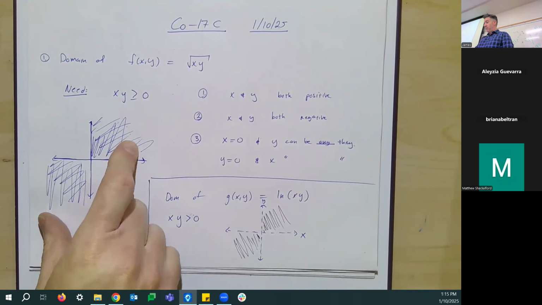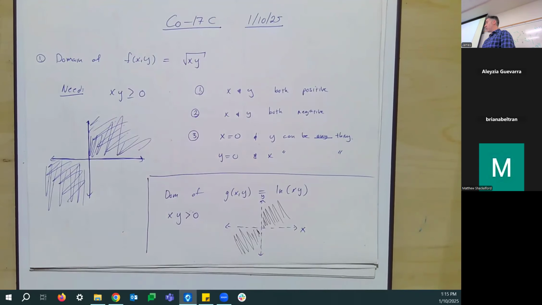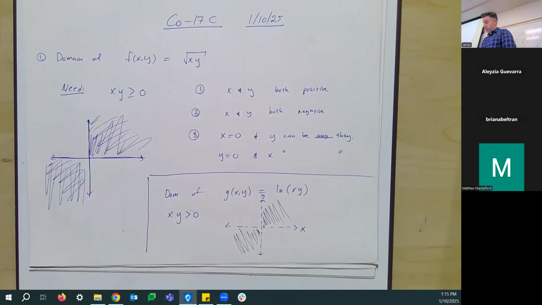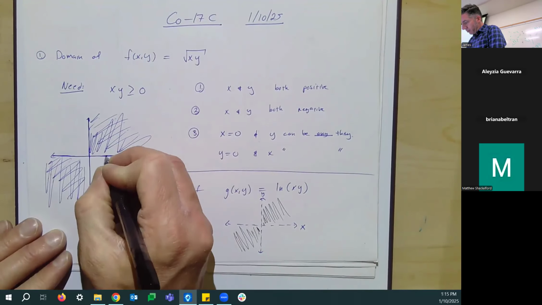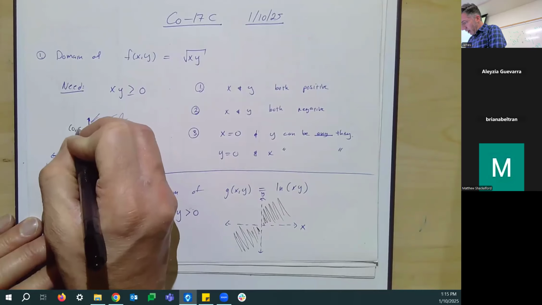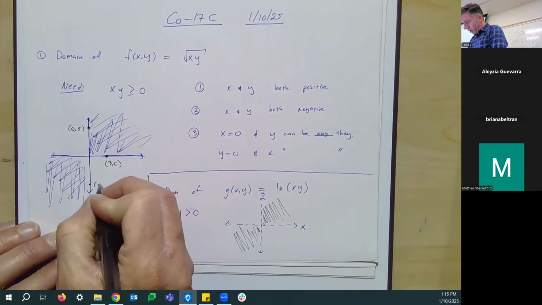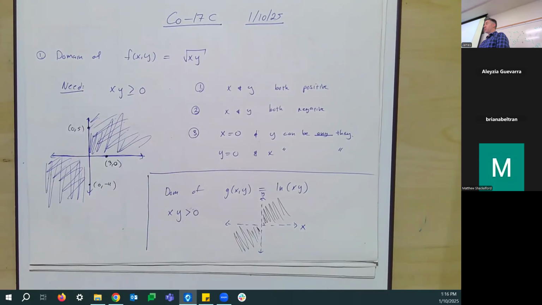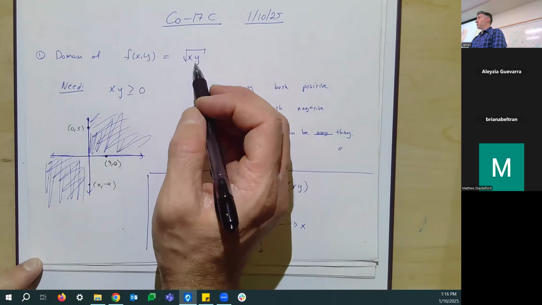This is the graph of the domain of this function. The only difference here is that for this domain, the axes are included. For example, the point 3 comma 0, or 0 comma 5, or 0 comma negative 4, all those are points in the domain of this function, because if you plug those in, 3 times 0 is 0 and the square root of 0 is valid.